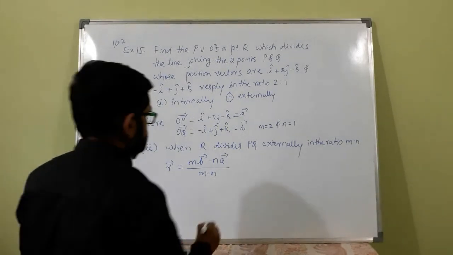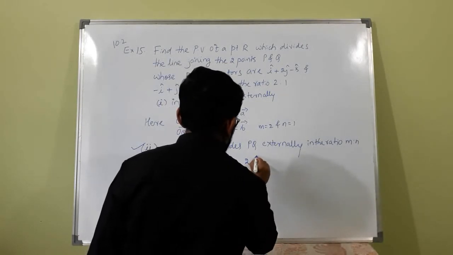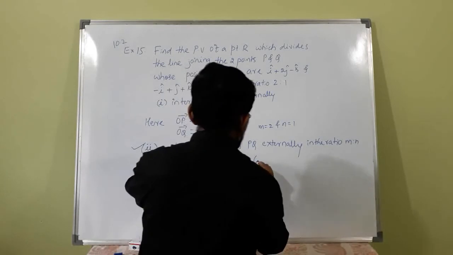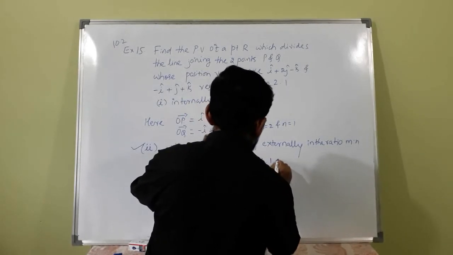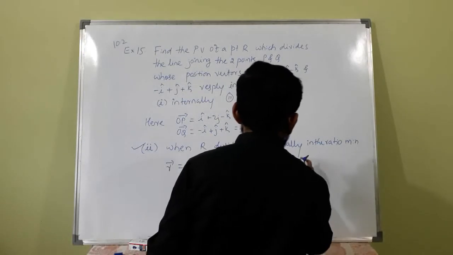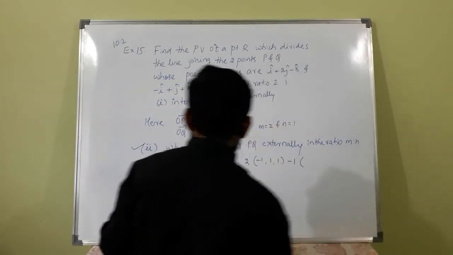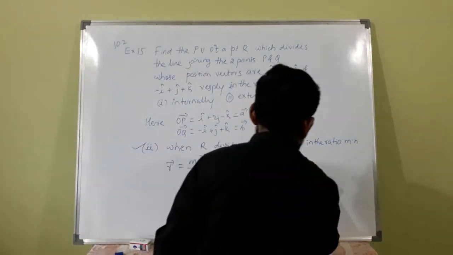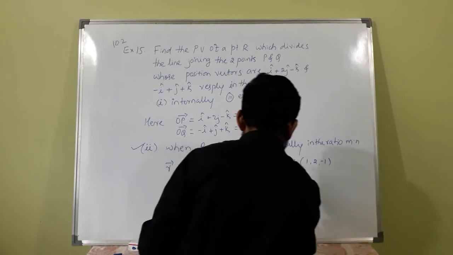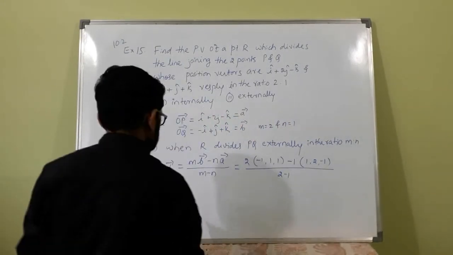Here m means 2, B is this one, minus n is 1, A is (1, 2, -1), divided by 2 minus 1, that is 1.